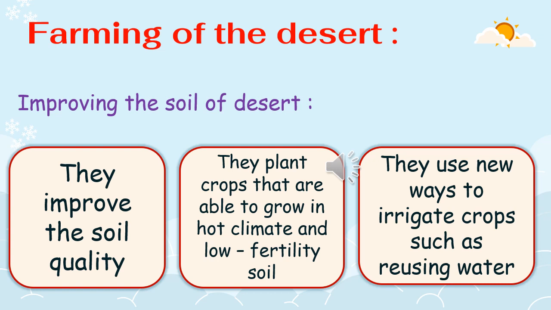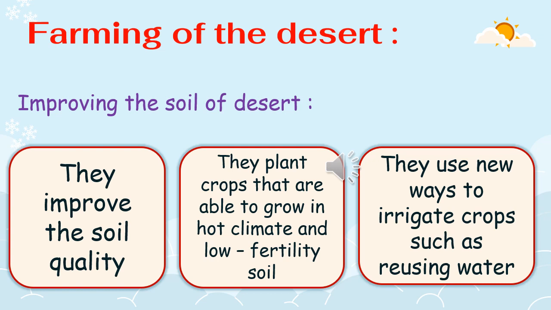There are many ways, like improving the soil quality. As you know, the soil of the desert doesn't have any fertilizers or minerals, so they try to improve the soil quality by increasing the amount of minerals and fertilizers.